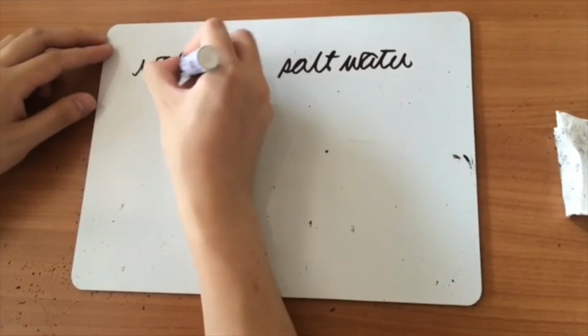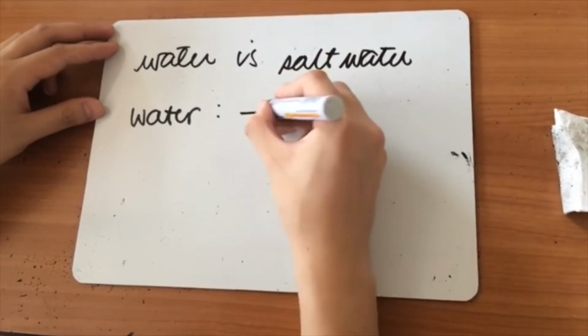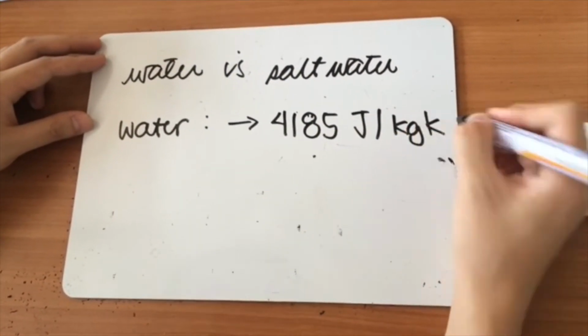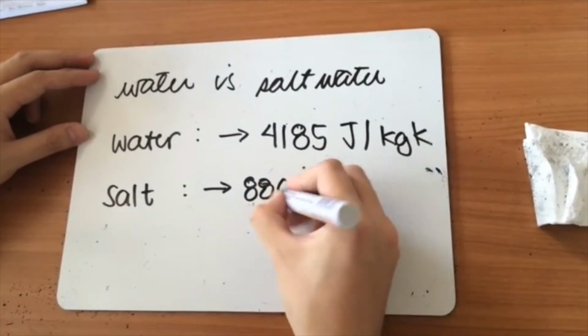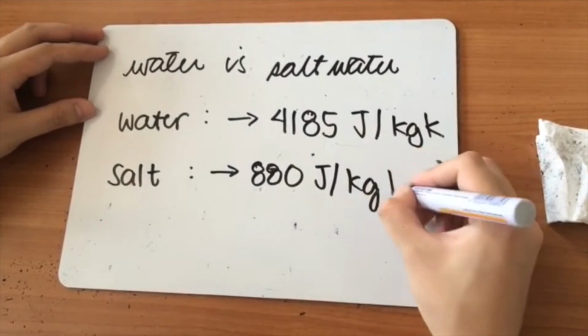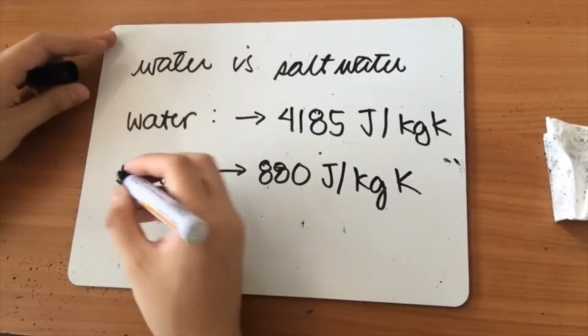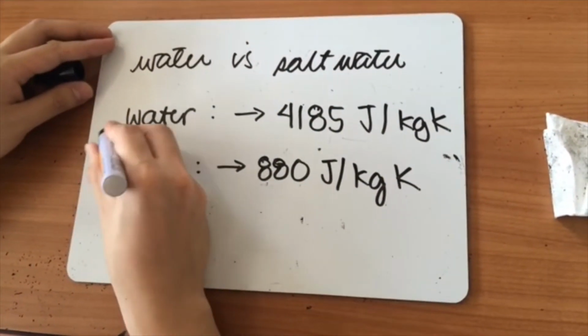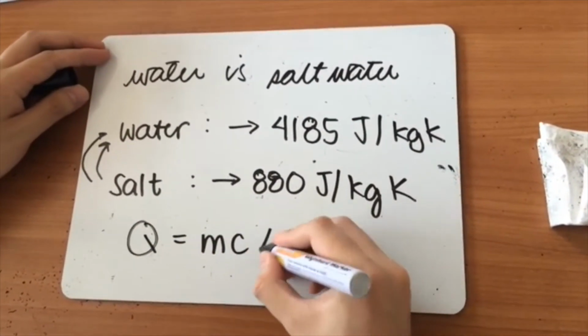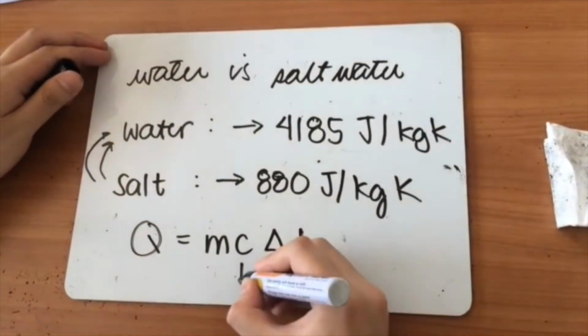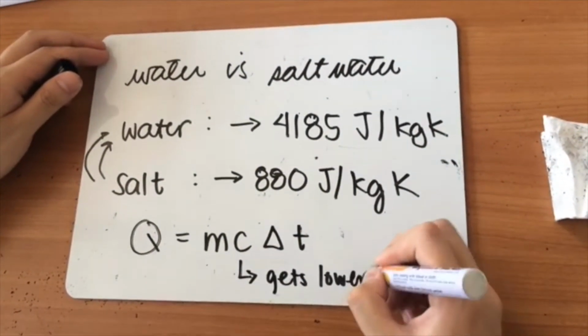Water has a specific heat of 4,185 joules per kilogram Kelvin. Salt, on the other hand, has about a fifth the specific heat of water, which is about 880 joules per kilogram Kelvin. See here that by adding more salt into the salt water solution, its specific heat decreases as the solution increases.